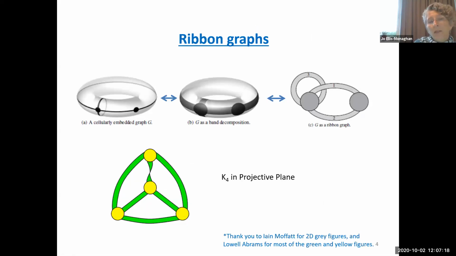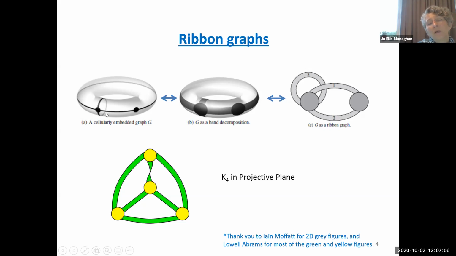There are different ways of encoding cellularly embedded graphs. It's hard to draw complex graphs on surfaces as graphs on surfaces. And effective notation can facilitate doing the mathematical computations. So let's take a minute here to look at some of the different ways of encoding a cellularly embedded graph or communicating the combinatorial and topological information of a cellularly embedded graph.